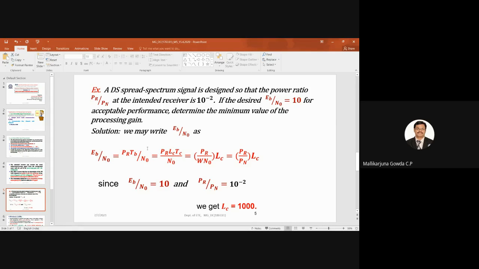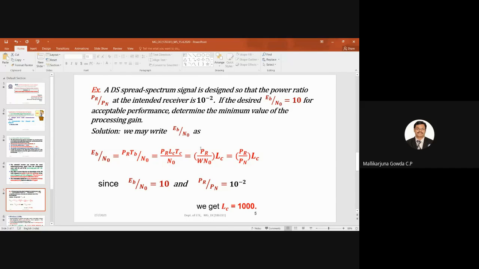So energy is power into the bit duration. I expressed this Tb in terms of Lc into Tc because I know Lc is equal to Tb by Tc, so Tb is equal to Lc into Tc. Then this Tc is equal to 1 by W, or I can say W is equal to 1 by Tc.